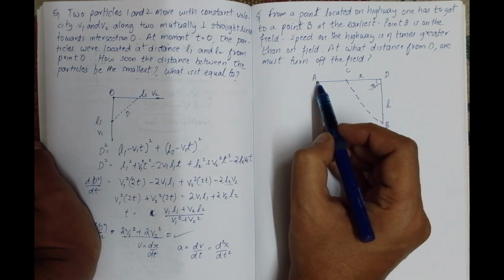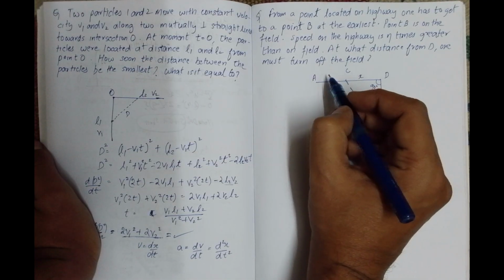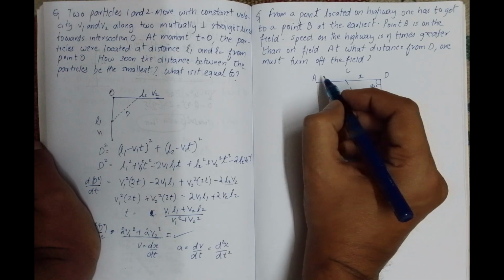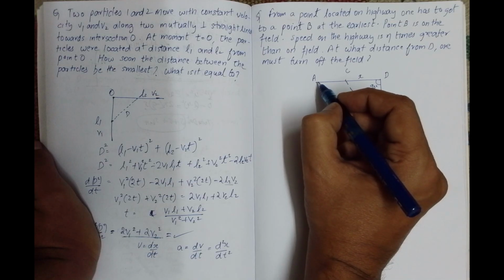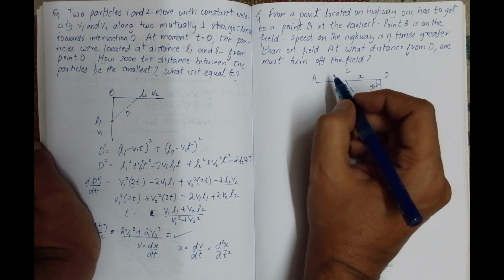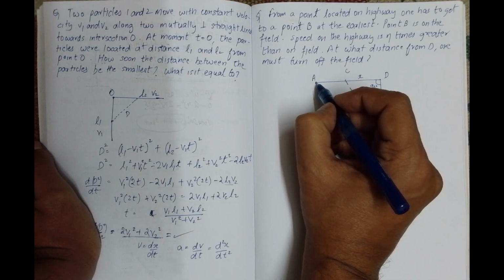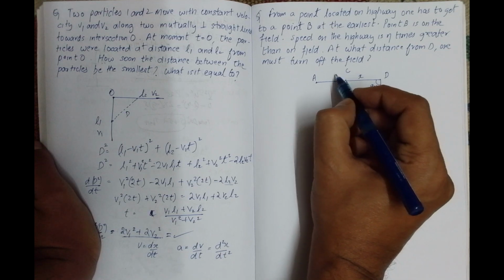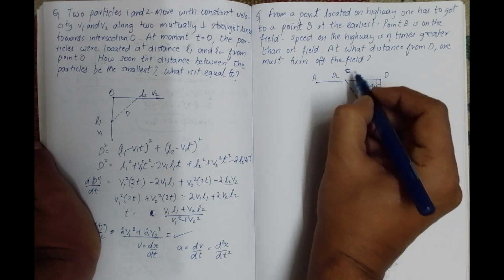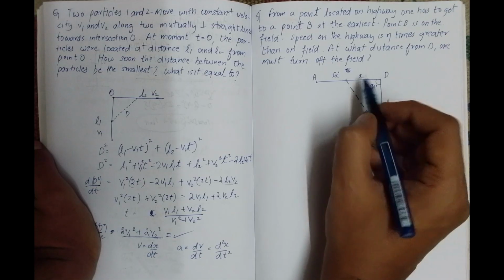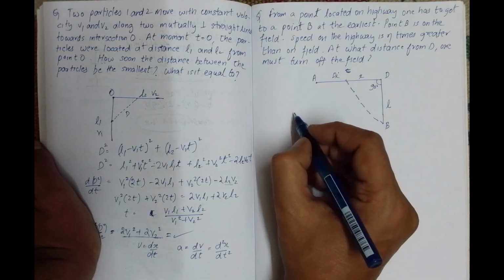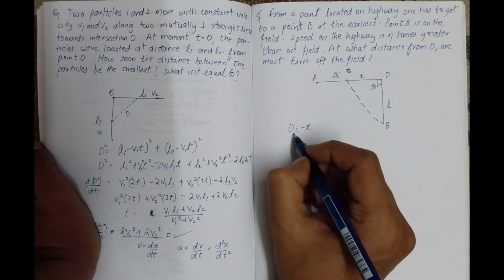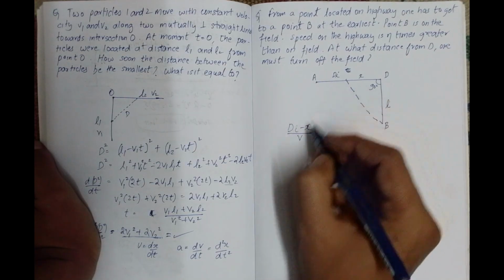Now let's calculate the distance. Say the initial distance between A and D is di. So initially the person who's driving a car or any other vehicle is at point A, and this is the point D. This is di, so this will be di minus x, divided by the speed on the highway.